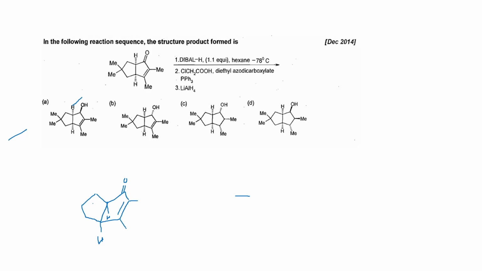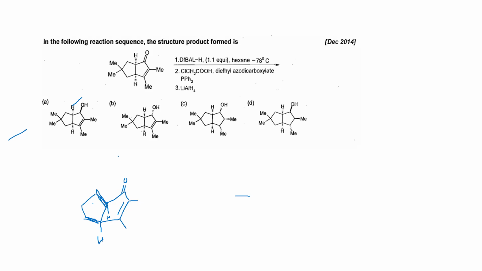It will reduce the ketone to alcohol. Now the thing is, as the ring is like that, the 2 hydrogens are already below the plane, and this ring is also above the plane.